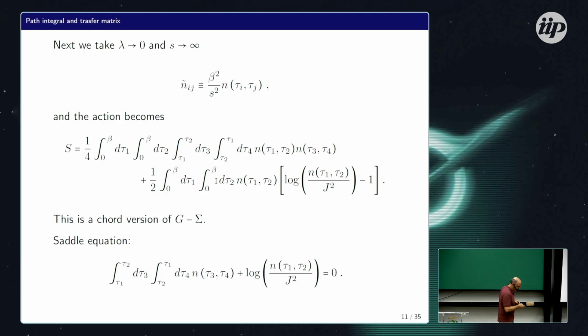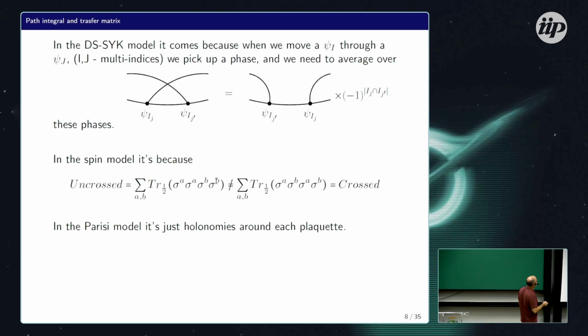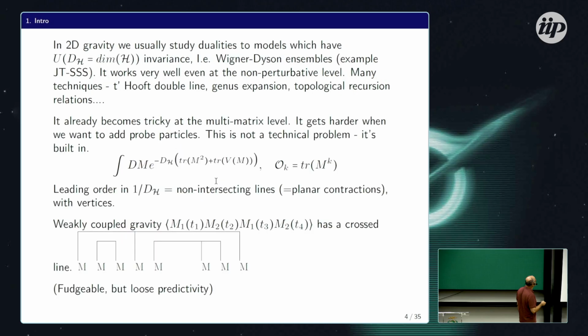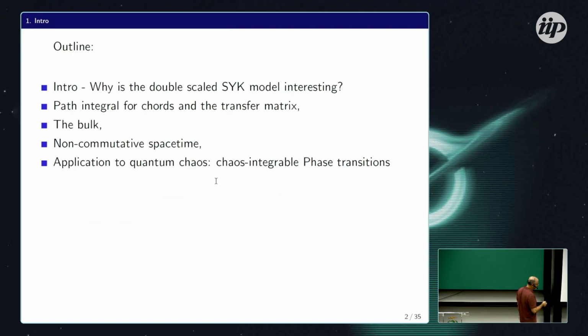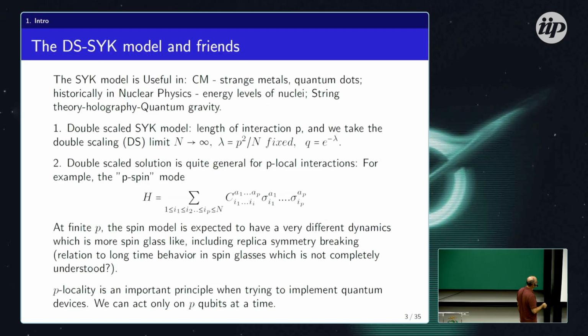No. Yeah. Thank you. That's why this problem has been annoying me for some time, which is how do you see the spin glass phase in this kind of model?